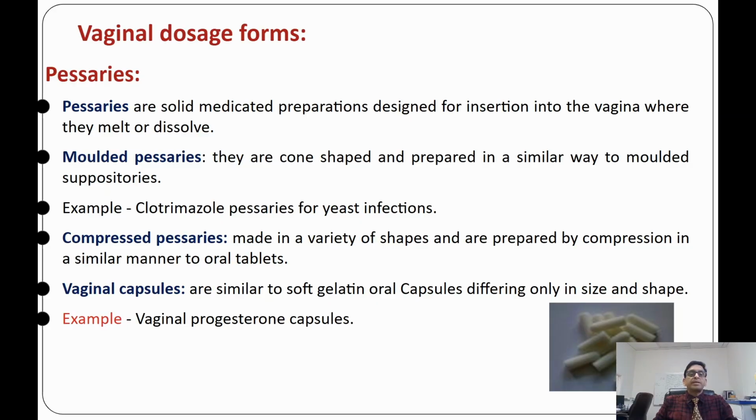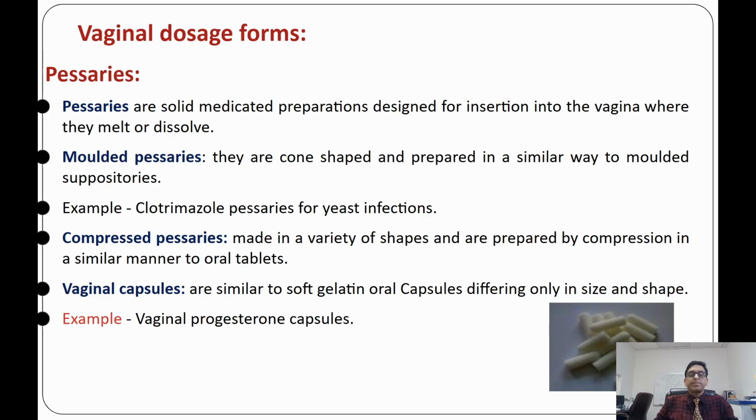Coming to the next, pessaries. These are used as a vaginal dosage form. Pessaries are solid medicated preparations designed to be inserted into the vagina where they melt or dissolve. Molded pessaries are cone shaped, prepared in a similar way to molded suppositories. Example, clotrimazole pessaries for yeast infection.